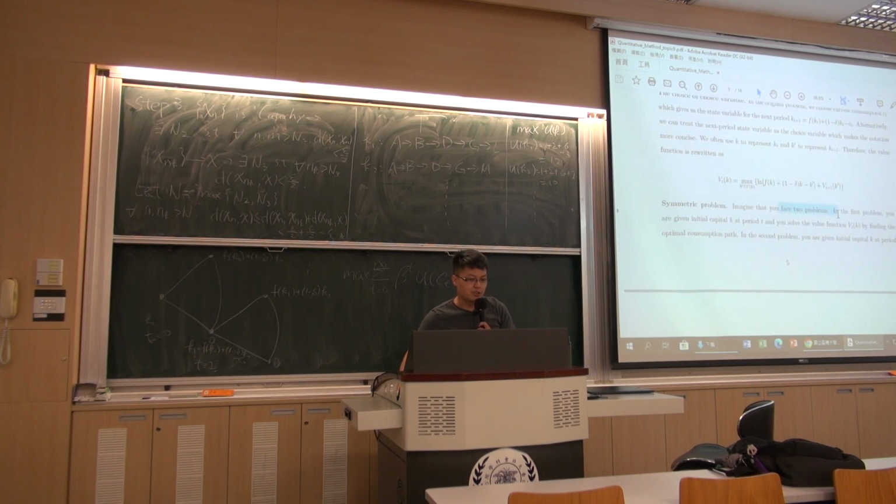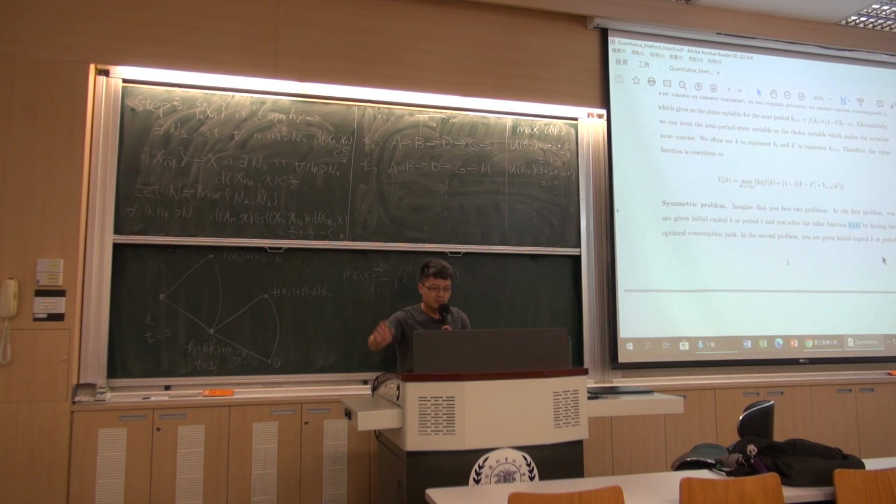Say that you face two problems right now. The first problem is that I tell you that now you have the capital k at the period t, and you assume that you already solve the value function. So that will directly give you a number over there. Okay, so you already found the optimal path.